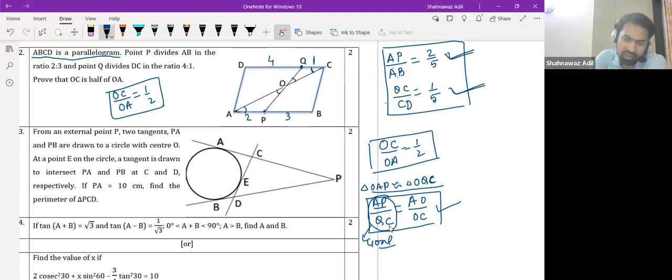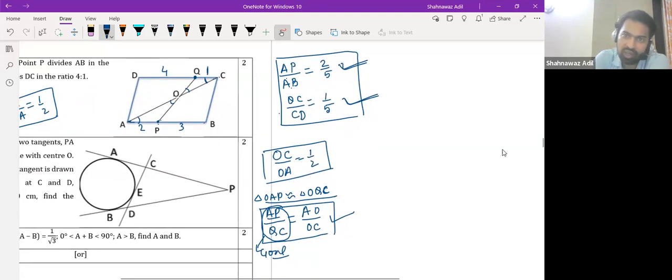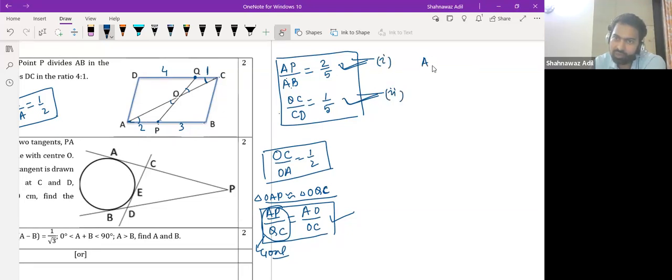So all three of you, please think about it and tell how we can find AP by QC with this information. Only one piece of information is important here, that we have to use. Who's going to tell me the information that we will use?